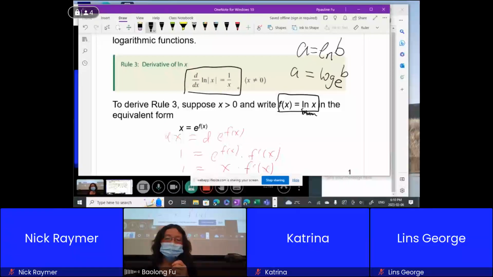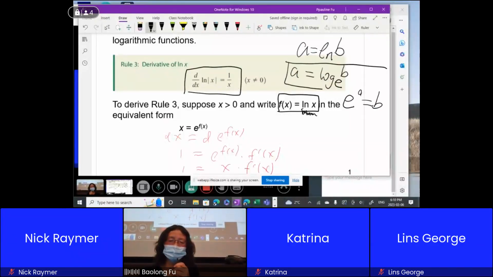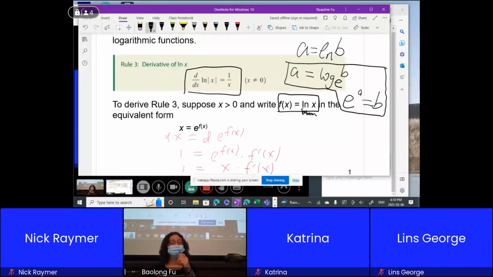This expression means e raised to the power A equals B. So this is very important: how do you change from logarithm to exponential format? Sometimes the letters are changed. For example, if I write y equal to log base e of x, it is the same as e raised to the power y equal to x.